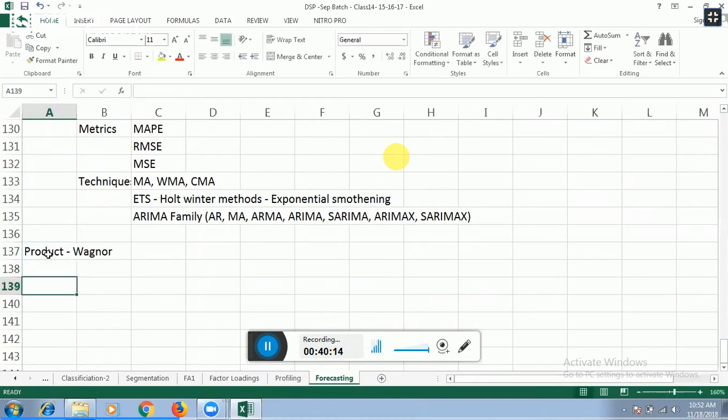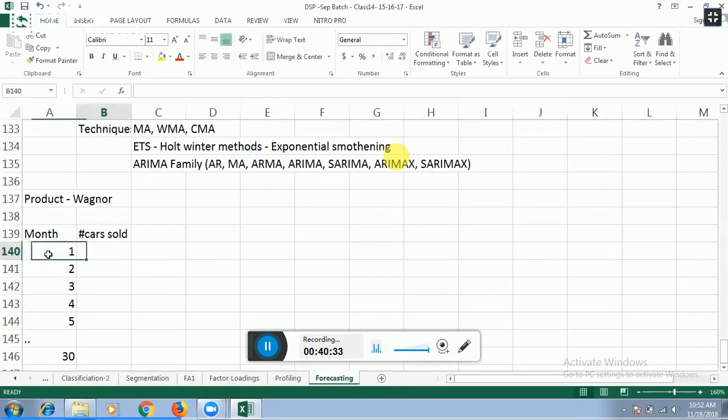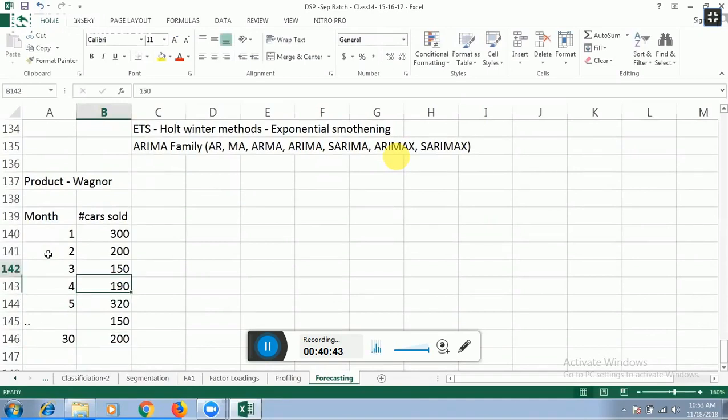You already have monthly sales and want to forecast the demand for the Wagon R in the next 6 months, the number of cars sold. Month 1, month 2, month 3, and so on. You have 30 months of data: 300 cars, 200 cars, 150 cars, 190 cars, 320 cars, 150 cars, 200 cars, and so on.